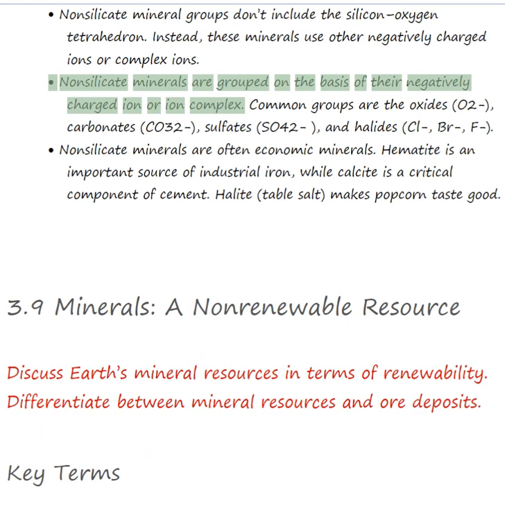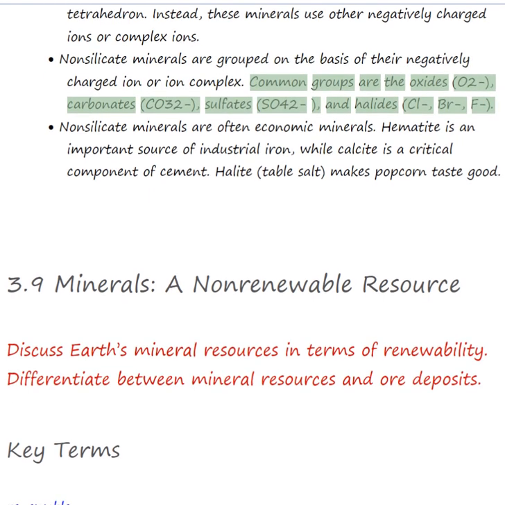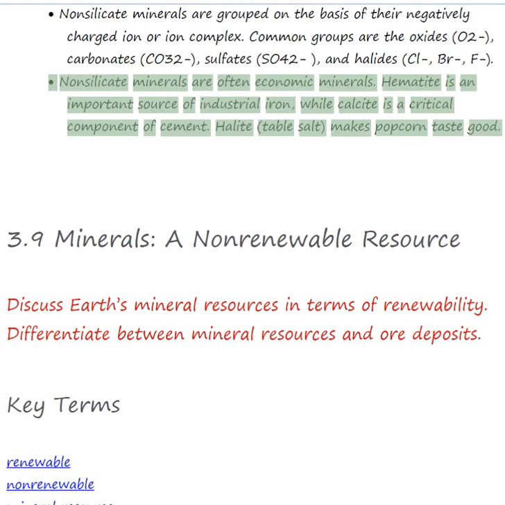Non-silicate minerals are grouped on the basis of their negatively charged ion or ion complex. Common groups are the oxides, carbonates, sulfates, and halides. Non-silicate minerals are often economic minerals. Hematite is an important source of industrial iron, while calcite is a critical component of cement. Halite makes popcorn taste good.